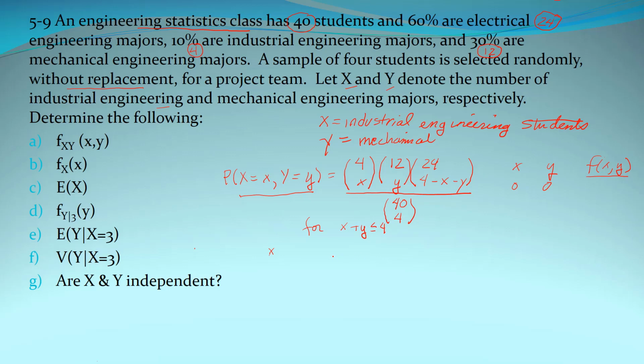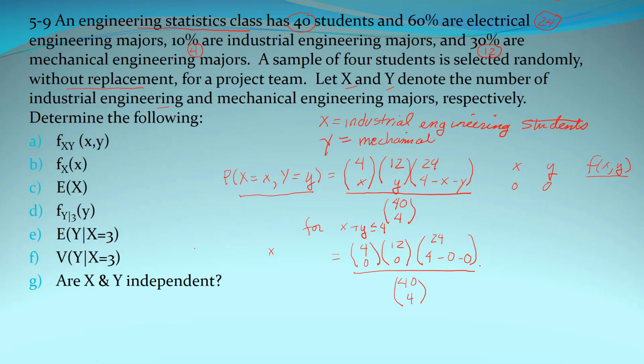Well, we start plugging into that equation up there. It's going to be 4 choose 0 and 12 choose 0, and then 24 choose 4 minus 0, all of that over 40 choose 4.